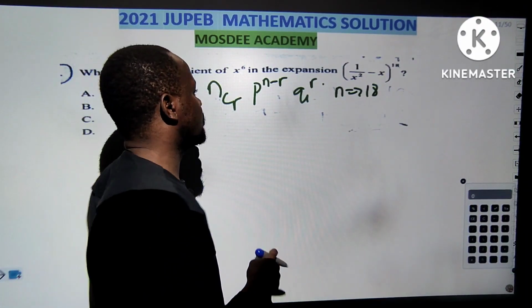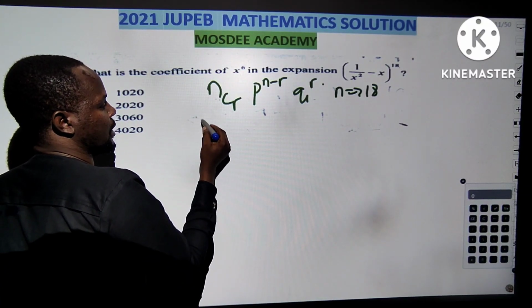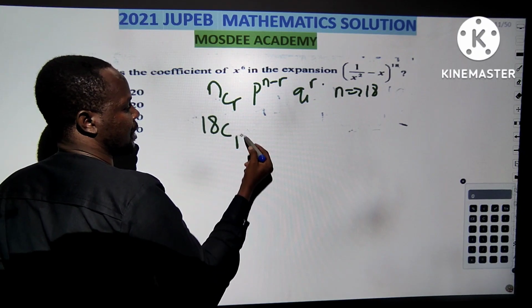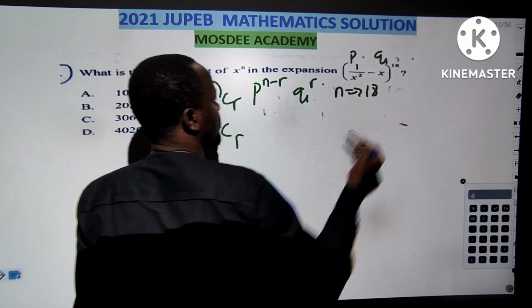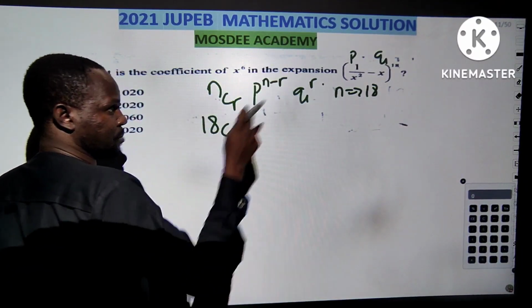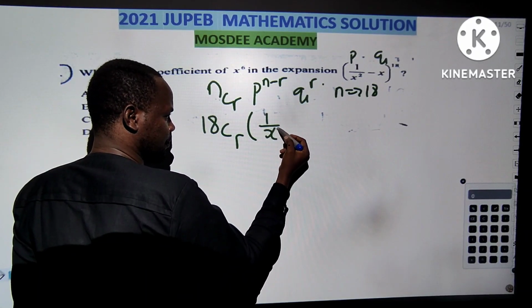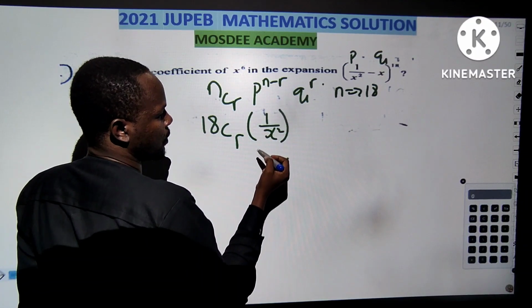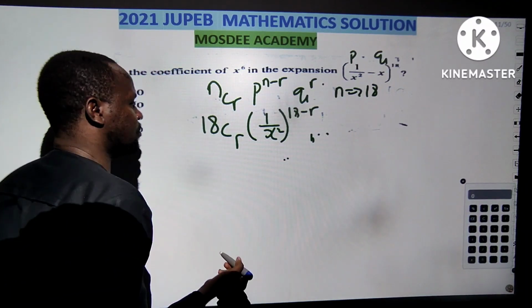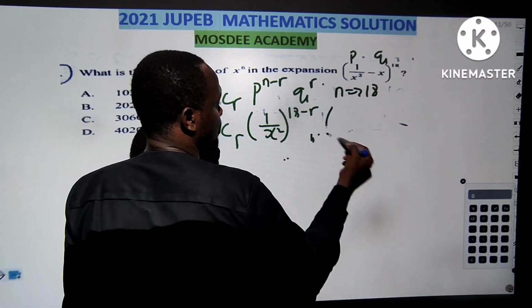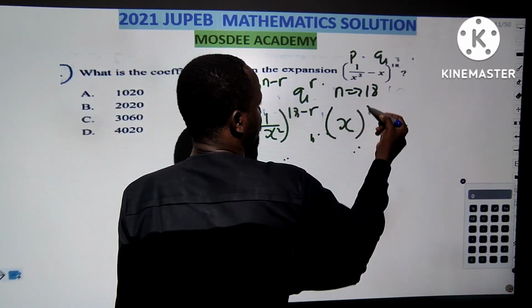So then we substitute. We have 18 combination r, and we are going to the 6th power. My P is 1 over x squared, raised to power n, which is 18 minus r, and then my Q is x raised to power r, which I don't know.